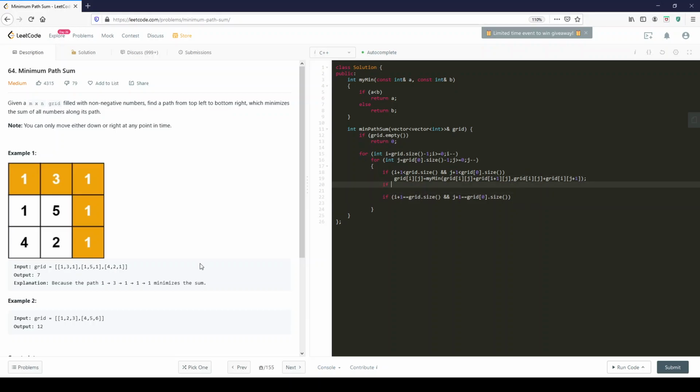Okay, now if only one of them exists, if i plus 1 smaller than grid.size and j plus 1 equals grid[0].size, so we only have the i plus 1 available, meaning going down.